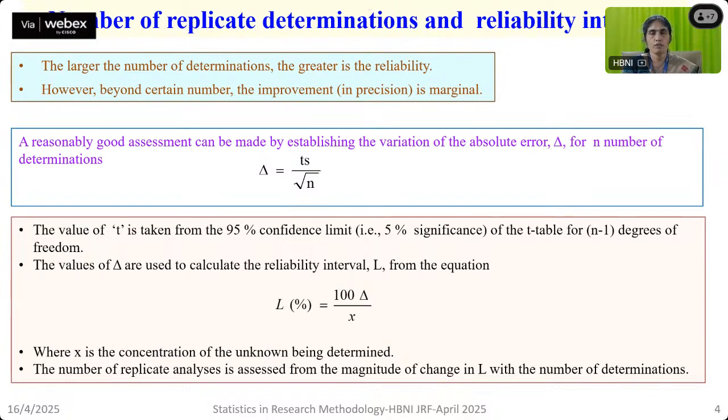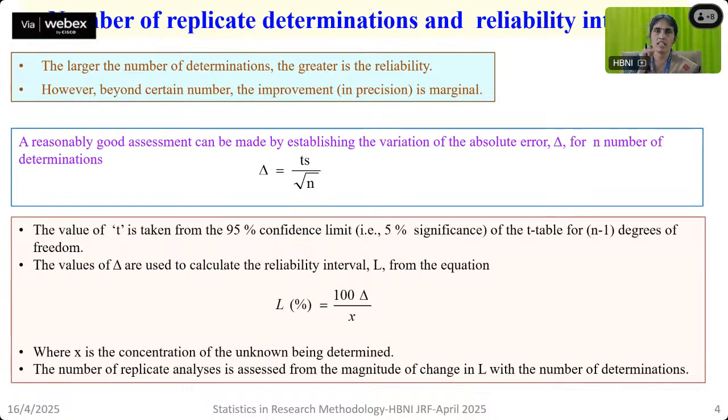From the absolute error value, we can define the reliability interval, which is nothing but a normalized factor of the error value with respect to the base value or the absolute value or the mean value. So the reliability interval L is given as 100 times delta, that is absolute error, normalized to the X value, or the measured value.